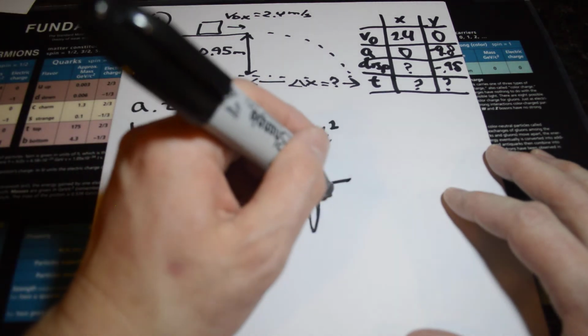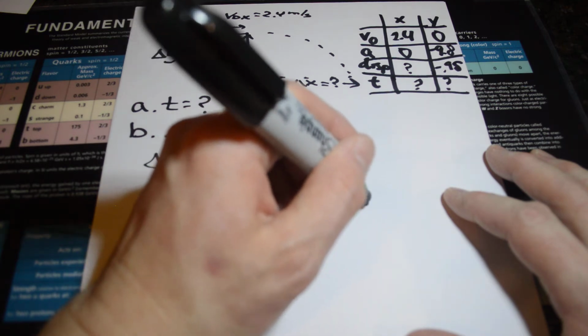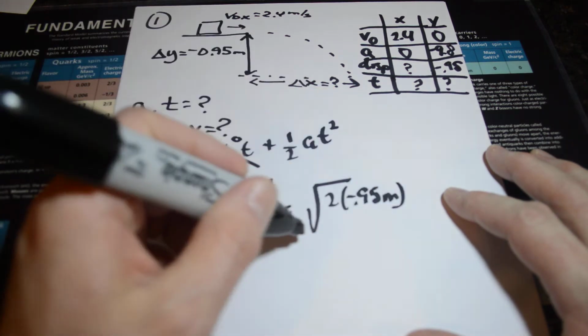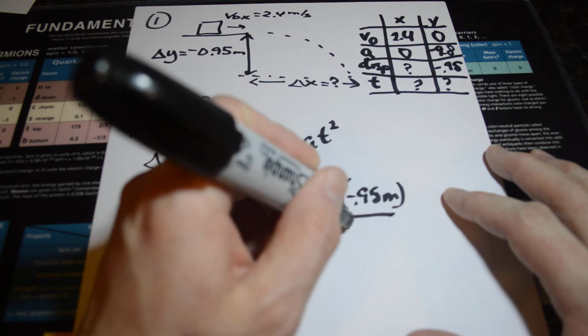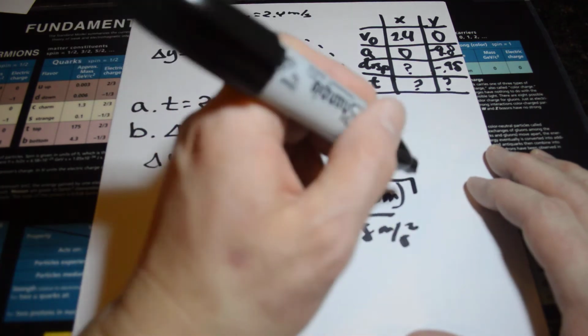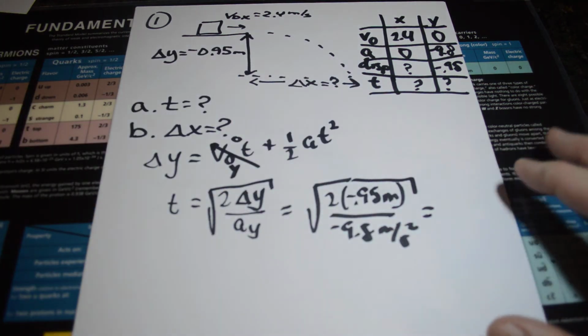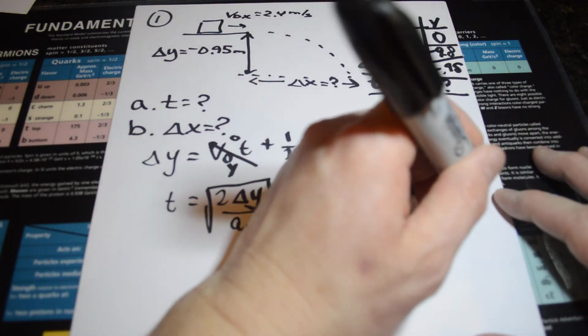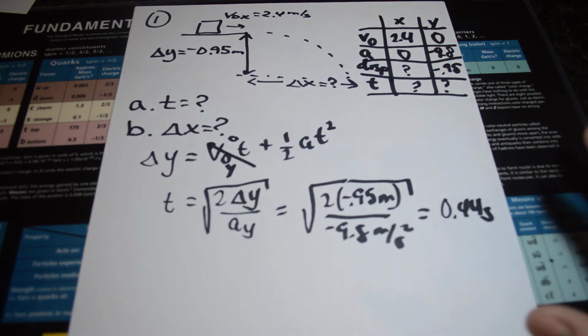So I take 2 times negative 0.95 meters, and divide by negative 9.8 meters per second squared. If I do that calculation, I'm going to get 0.44 seconds.